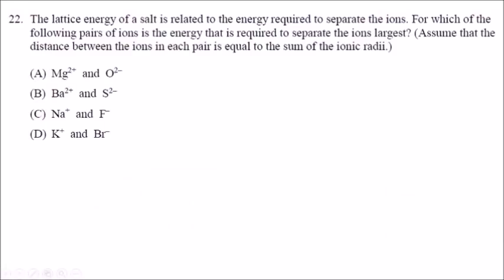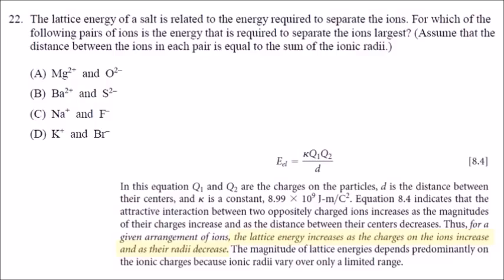Number 22 talks about lattice energy. Let's remember Coulomb's law. In Coulomb's law, the lattice energy increases as the charges on the ions increase, which means that a +2 -2 attraction would have a greater lattice energy. So the correct answer is either C or D because of the magnitude of the charges.